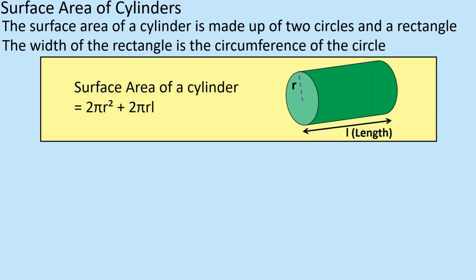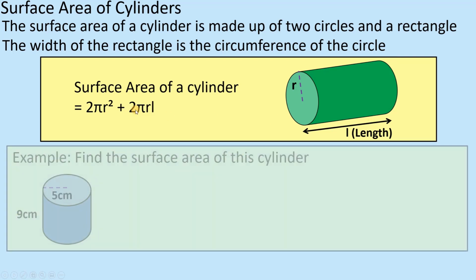So surface area of a cylinder is 2 lots of pi r squared, because that's the two circles, plus 2 pi r, the circumference, times its length, because that's the rectangle around the outside. That distance all the way around the outside is the width of the rectangle, and the height is L. Hence this formula.